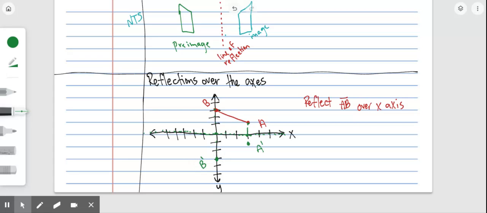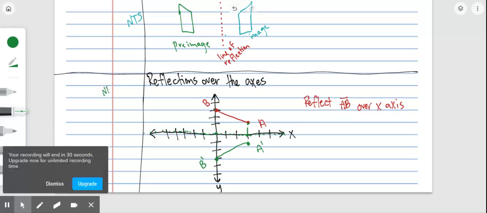My new line, A prime B prime, has been reflected over the x-axis. If I folded the graph at the x-axis, these two lines should line up. Of course, it's not perfect because I don't have a straight edge. I apologize, but I've done the best that I could.